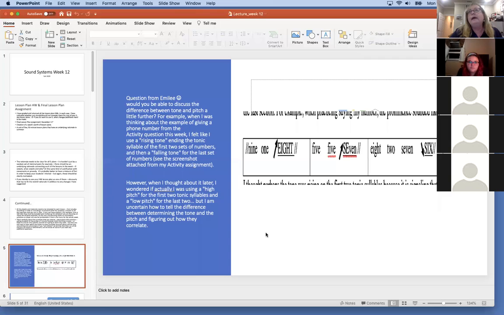Okay, now I had a great question from Emily. Hi, Emily, who I know will be watching this at some point, who did one of the activities that I asked you guys to do from last week. One of the activities she did was this idea that we have standard ways in which we use intonation in idiomatic contexts, right?